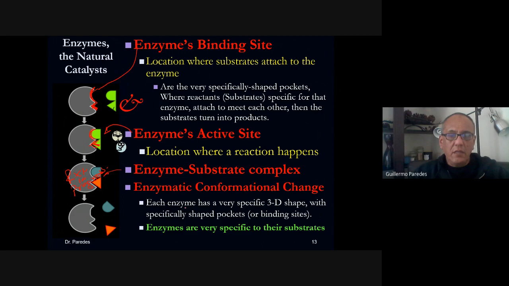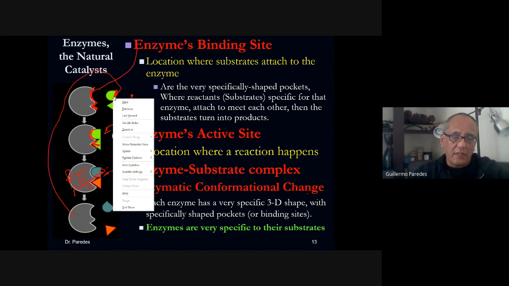And then you have the enzymatic conformational change. If you see here, the shape stays the same. The enzyme is not part of this substrate or another substrate. It is totally independent, so these enzymes are going to look for another substrate.